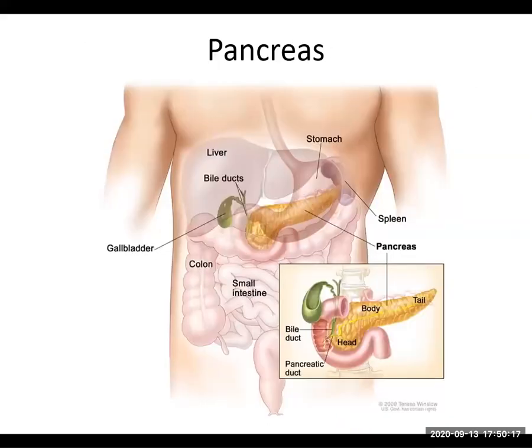Now, the last one is the pancreas. So here is the pancreas. This organ is important in two body systems. One is the endocrine system, which produces the major one, insulin, that you probably already know. It's also an important organ for the digestive system, as it produces a lot of enzymes to help us digest the food.